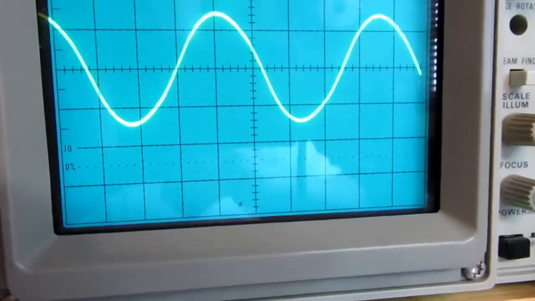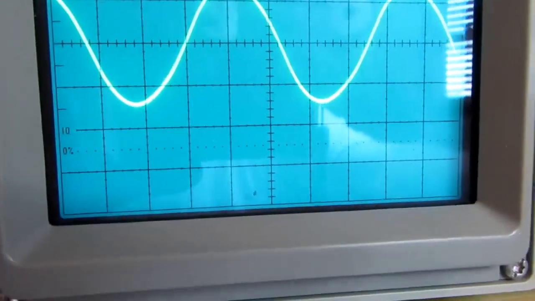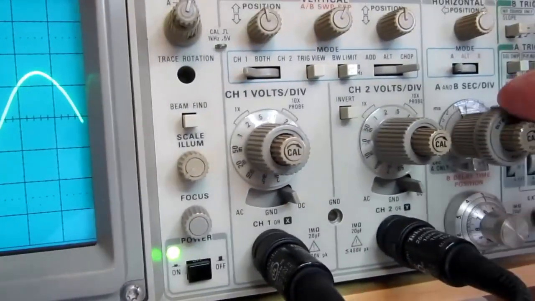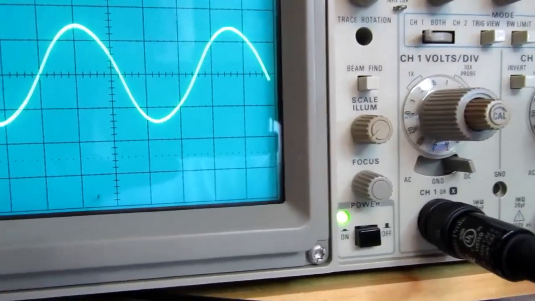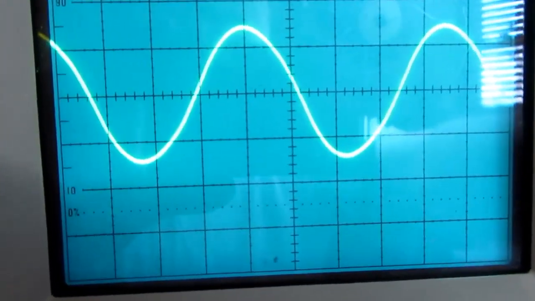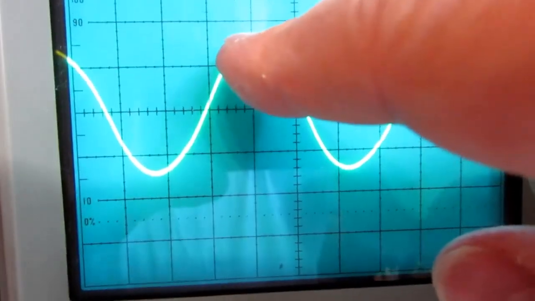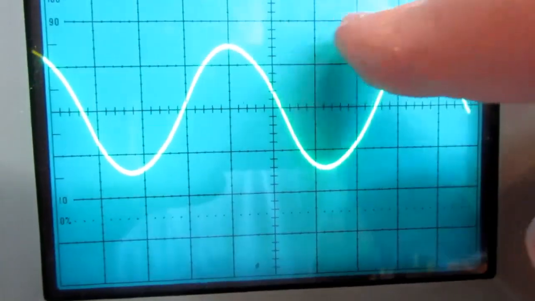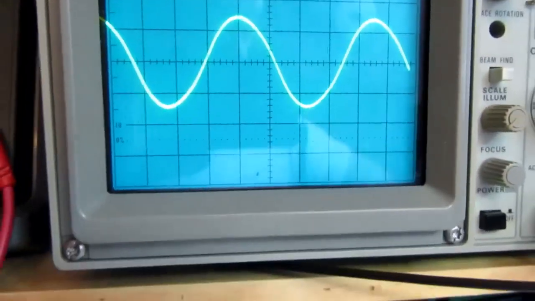I was messing around before and not really being careful at what I was doing. So I'm verifying that I'm on 0.5 milliseconds per division, or 500 microseconds per division. I've positioned it horizontally so I get the top of the waveform here, and it's 4.5 divisions over.